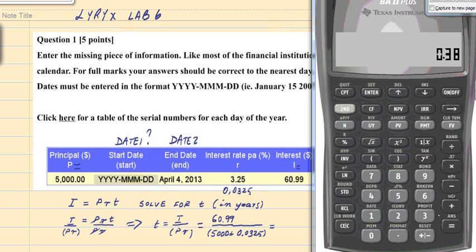So that's the number of years, and then we want to multiply by 365 days, and that gives you the number of days. That's 136.99, or 137 days.